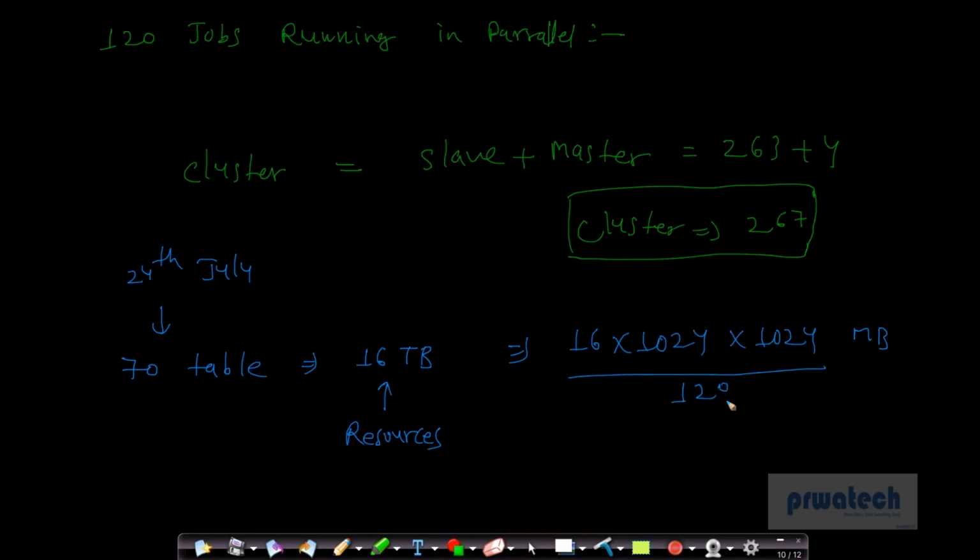Divide by 128, and this goes 8 times. You can calculate it also. And 16 into 8 into 1024. See how many blocks. I'm using a calculator. 16 into 8 into 1024. This is 131072.